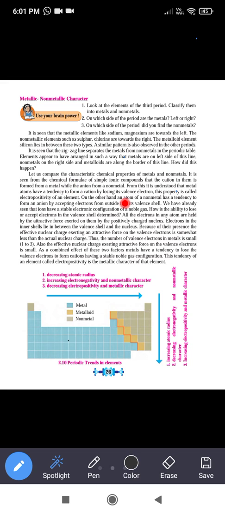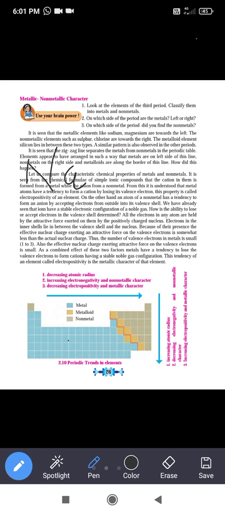Let us compare the characteristic chemical properties of metals and non-metals. It is seen from the chemical formulae of simple ionic compounds that the cations in them are formed from the metal, while the anions form from the non-metal. Now see, suppose the sodium metal.